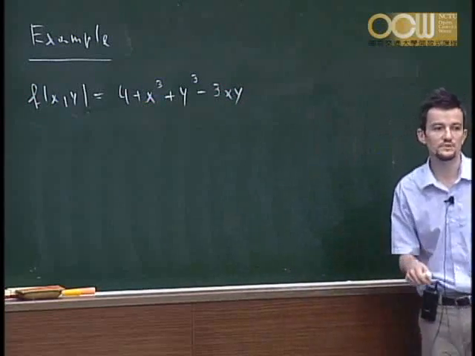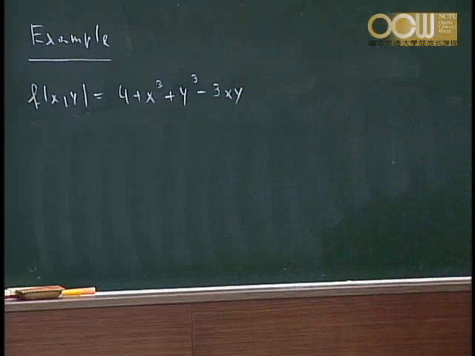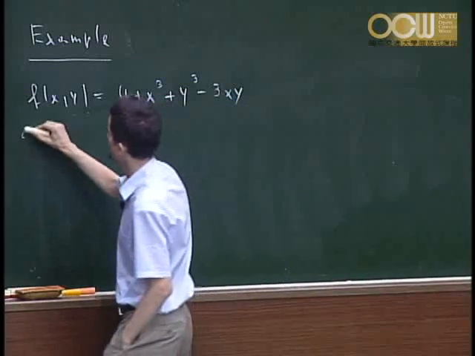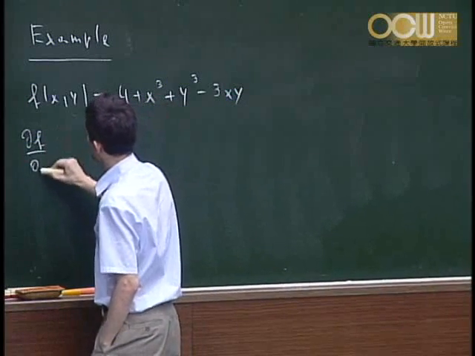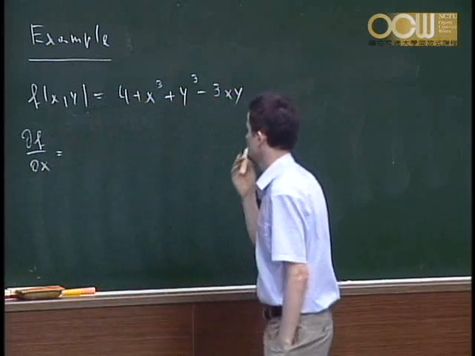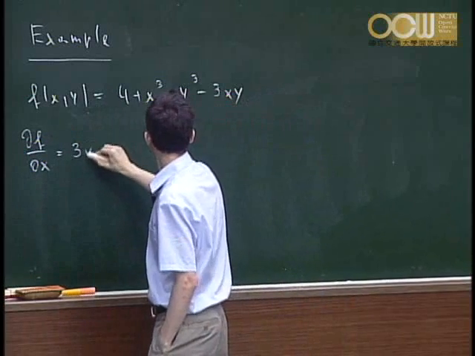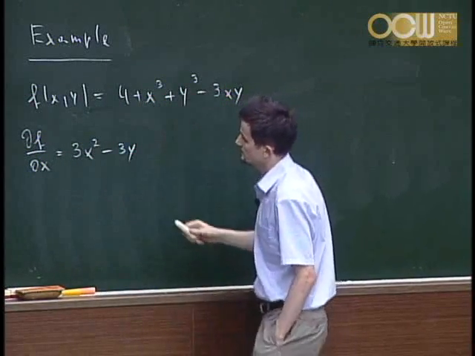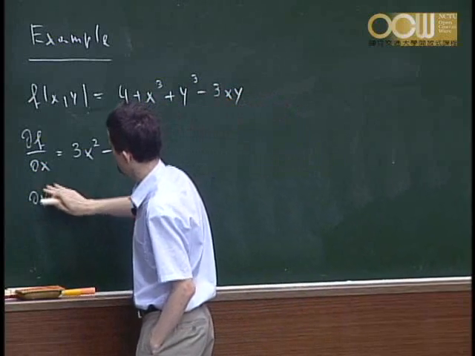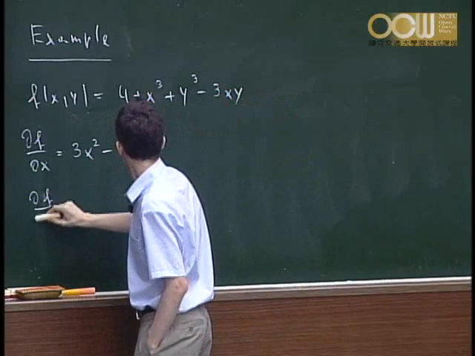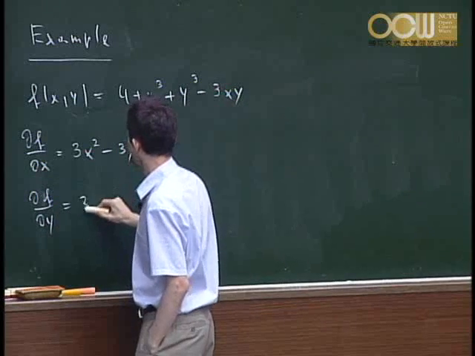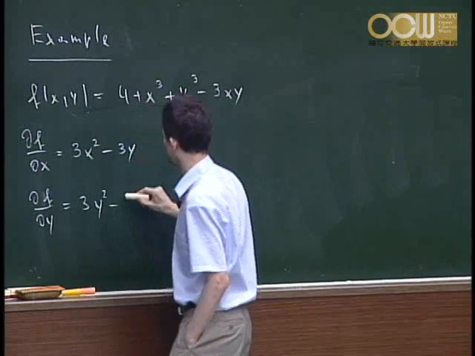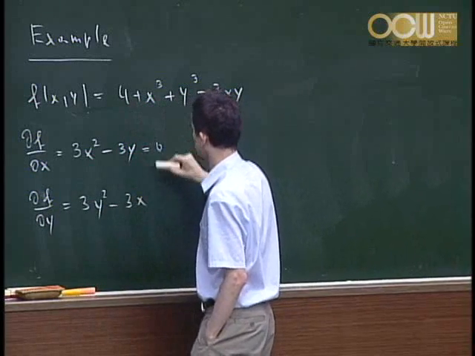Now, the first thing we have to find is critical points. So what we compute is the partial derivative with respect to x. This gives you 3x squared minus 3y, and the partial derivative with respect to y, which is of course symmetric, and you have to equate those to 0.